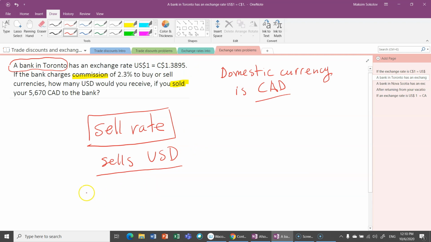So in order to find the sell rate, you add commission to the domestic side of the exchange rate. And in this case, the domestic side is this, right? So this is the Canadian side. So you add commission to that side. This is how it looks.